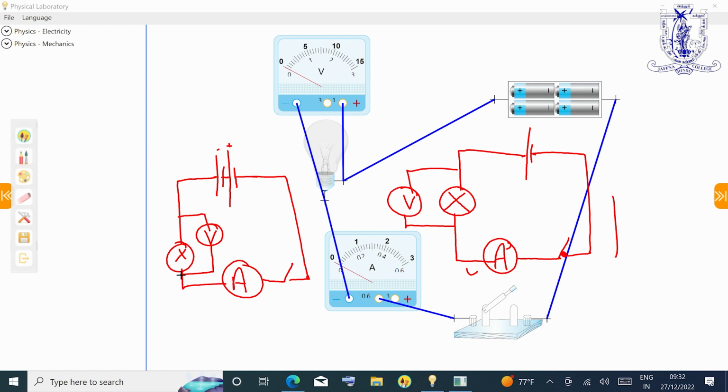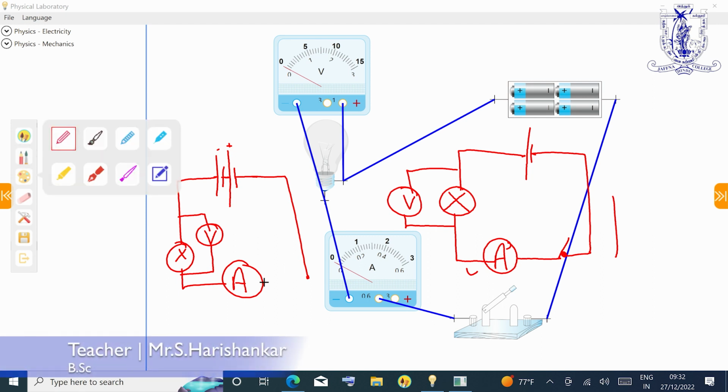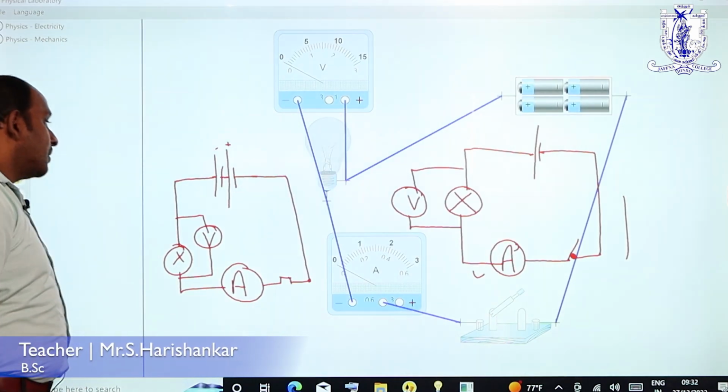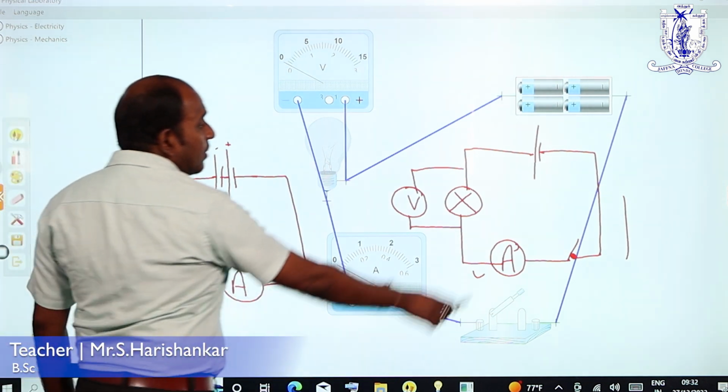This is an open circuit. This is a closed circuit. This is a closed circuit. This is an open circuit.